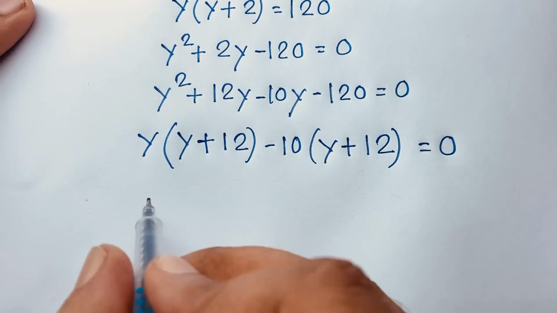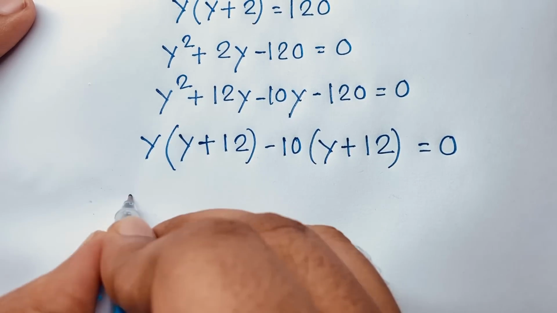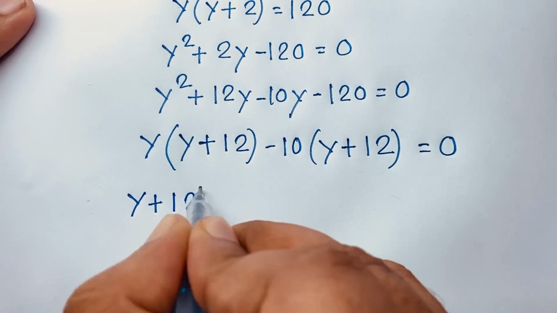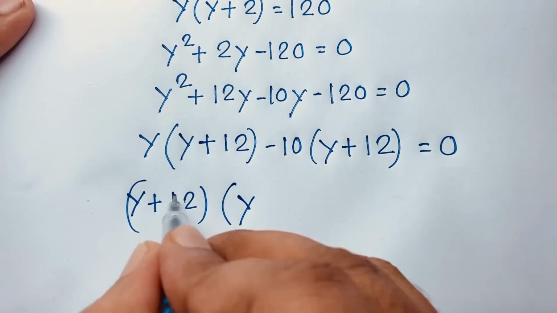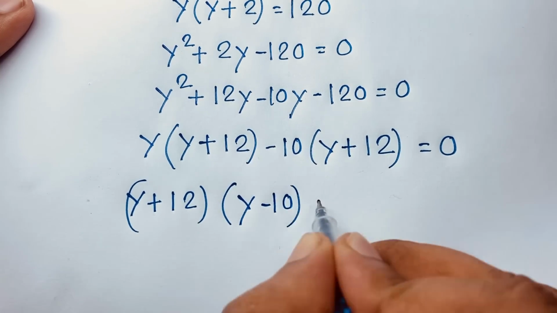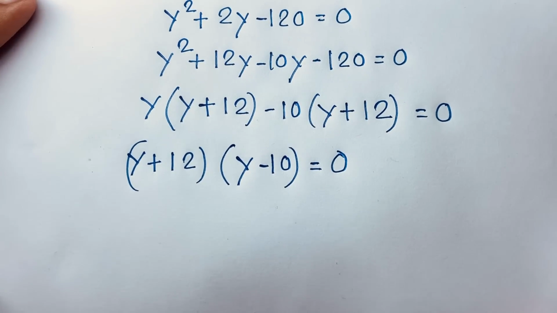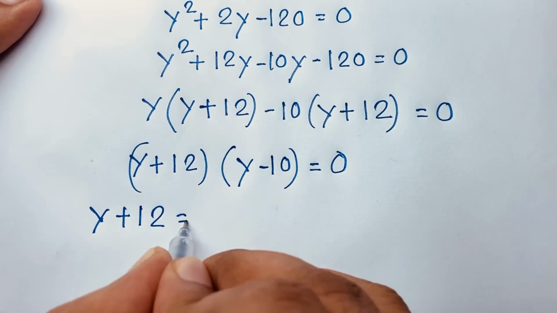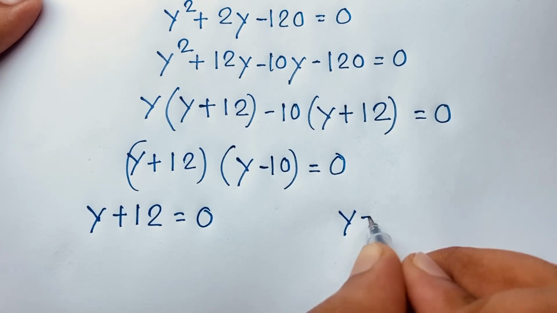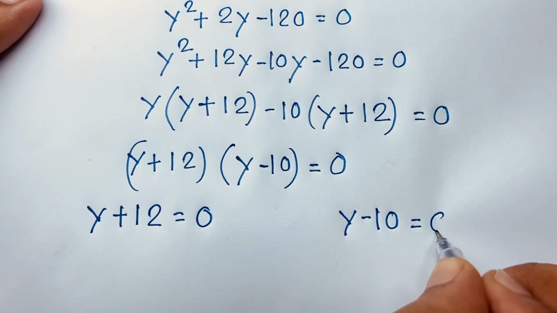Now you can see y plus 12 is common, so y plus 12, then y and negative 10 is equal to 0. So we find two cases. Our first case y plus 12 is equal to 0, another case y minus 10 is equal to 0.